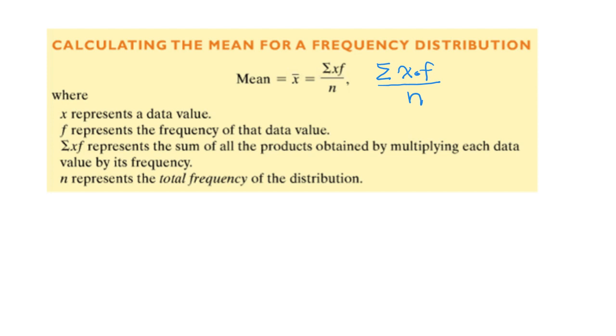Once we do that for each data value, multiplying by the corresponding frequency, we add those all together. That's the summation part. Divided by N, where N is the sum of all the frequencies. Let me write that up here: sum of frequency. So you can take that frequency column and add it all together, and that'll be your N.